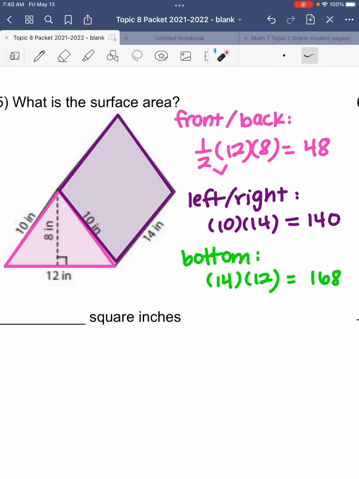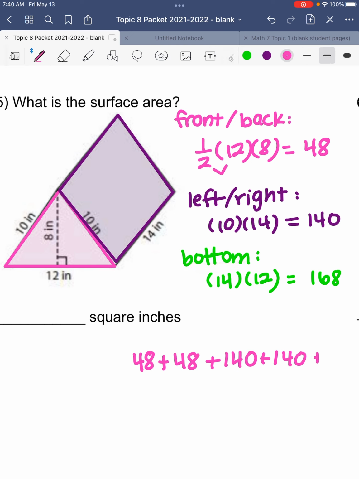So keep in mind, I have a front and a back, and they're each 48. So how many 48s do I need? If you said 2, you're correct. So 48 plus 48. I also have a left and a right rectangle. They're each 140. So I need 2 140s. And then lastly, I have one bottom, so I just need 168 one time. So I'm going to add all of this up together.